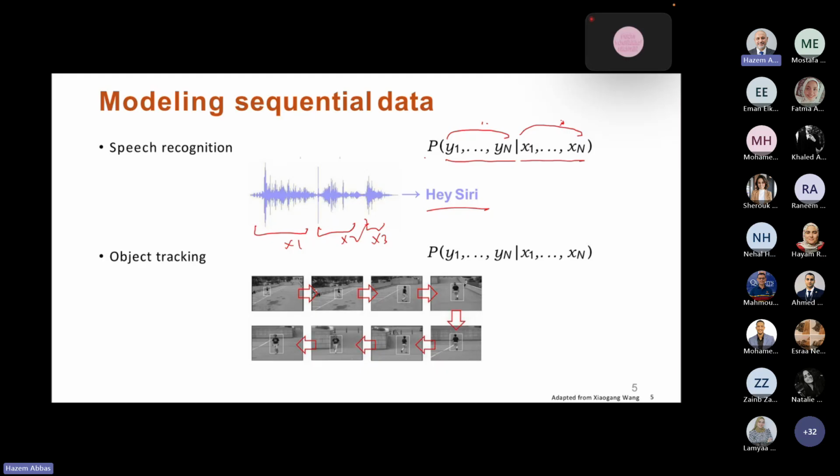You can have an input as video frames, and the output is the action in each frame, like a man is standing, a man is walking, a man is running, jumping, and so on. Still, we have the input as a sequence, and the output is also a sequence.